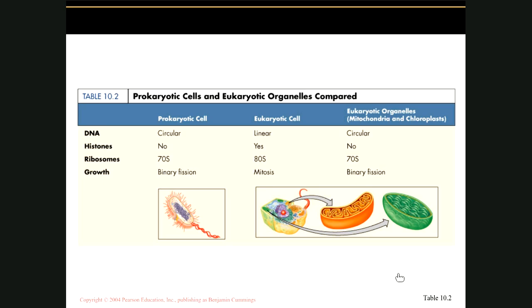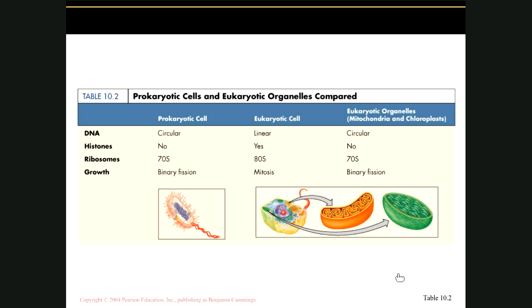So when we look at mitochondria and chloroplast, we see some remarkable similarities to bacteria. For one, mitochondria, chloroplasts, and bacteria all have a circular chromosome. And remember, eukaryotes have a lot of long linear chromosomes. And in order to keep those long linear chromosomes organized, you need histone proteins. But if you have a circular chromosome, there's no histones.